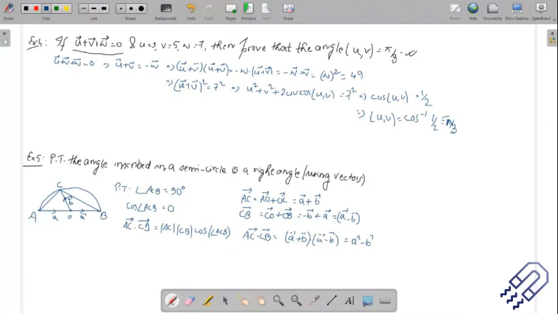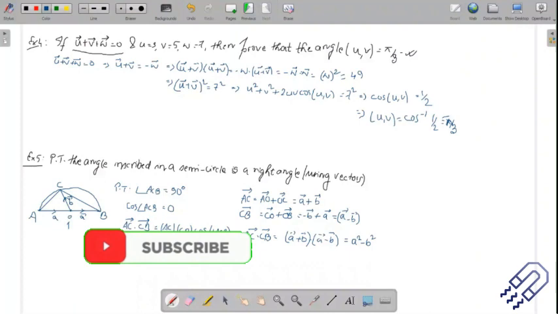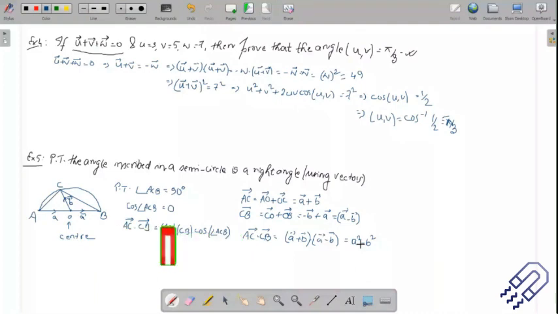But you know A and B magnitude wise both are nothing but the radii. It's a semicircle. Its center is O. O is the center, so A bar and B bar are the same magnitude, right? Basically this is 0. Therefore AC dot CB is 0, that means this part is 0, right?